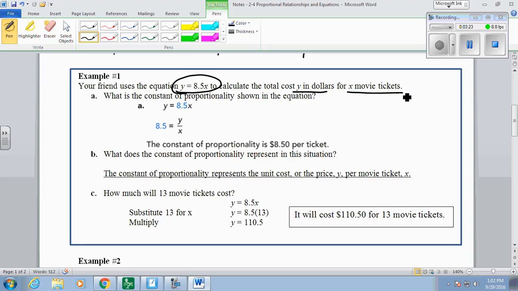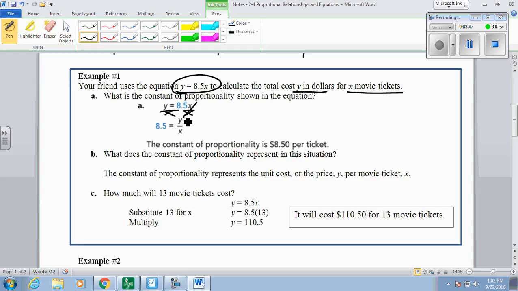They want to know what the constant of proportionality is, so they are dividing by x right here, canceling out that x, and now we have 8 and 5/10 equals y divided by x. So y divided by x was another way to explain constant of proportionality, so they're telling us the constant of proportionality is $8.50 per ticket.